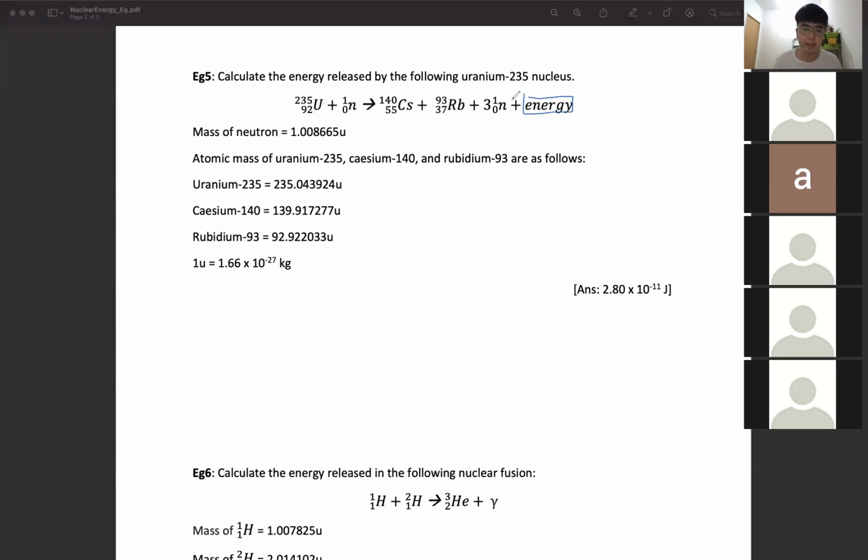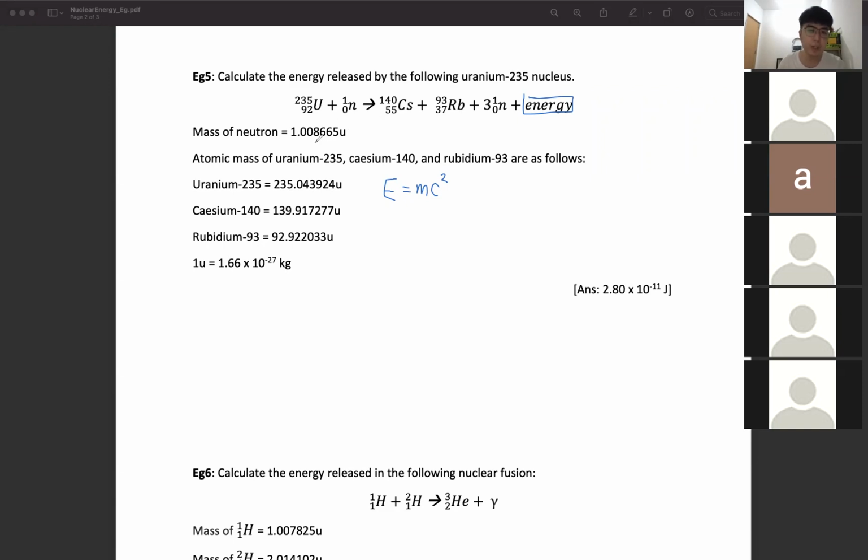Okay, so we apply the formula E equals mc squared. First thing, step number 1, you want to find the mass defect. Calculate the mass before and after, and then you subtract to find the mass defect. So let's calculate the mass.